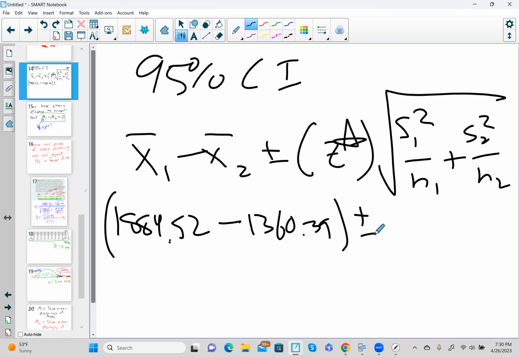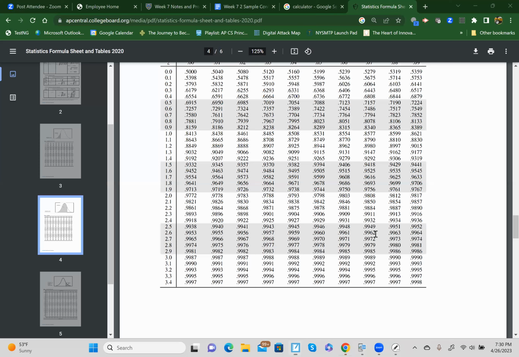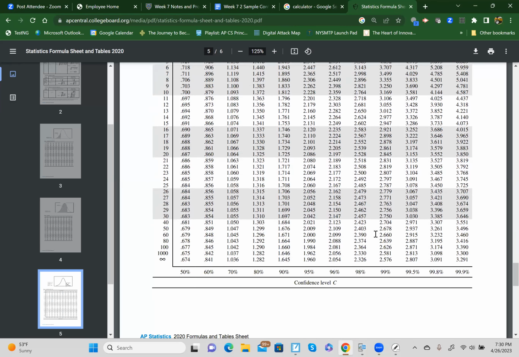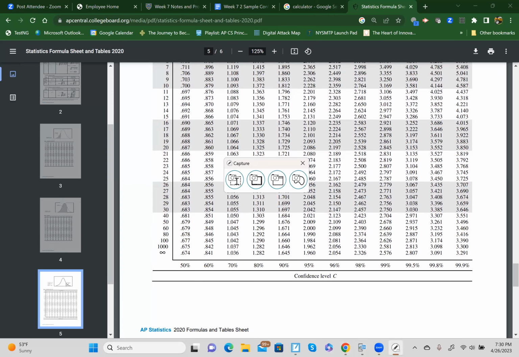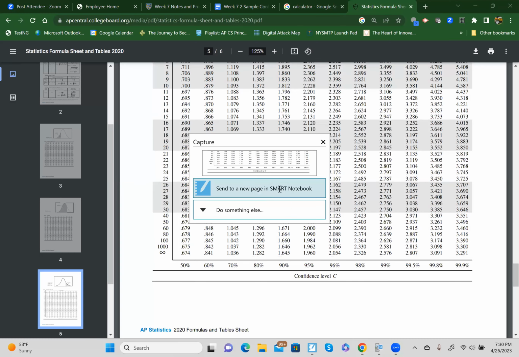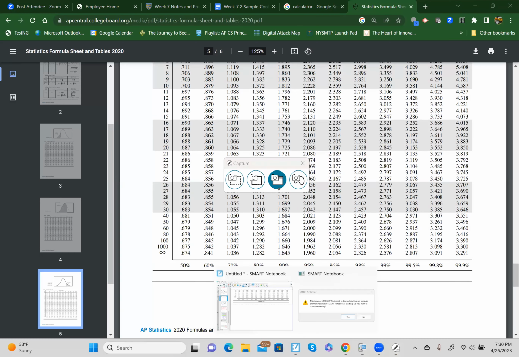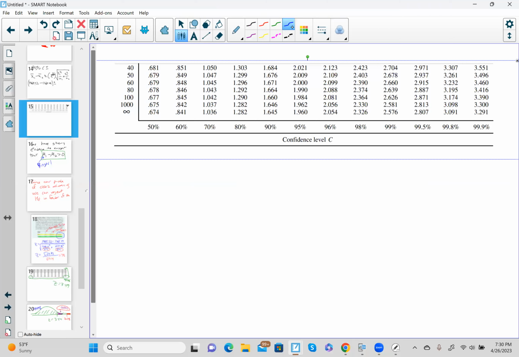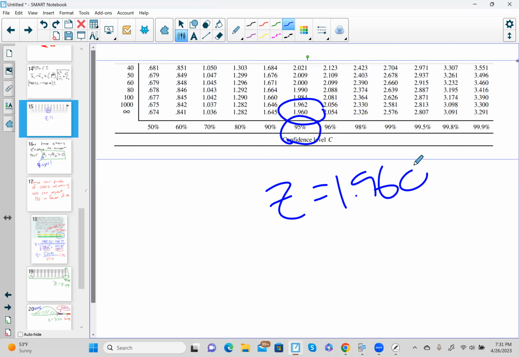Quick reminder, what you do is you go back to that chart, go to the last chart here, and you decide what level of confidence you want. So the question asks for 95%. You should know you have the option to change that, but in this case, they asked for 95, so I'll do it. Here's 95%, and the number right above it is Z equals 1.960.